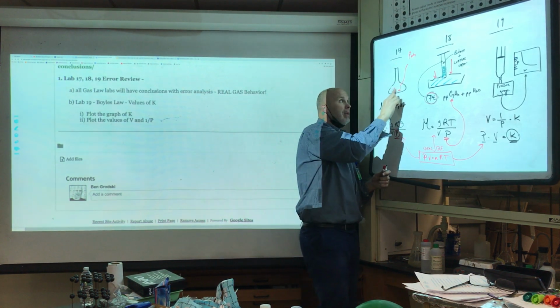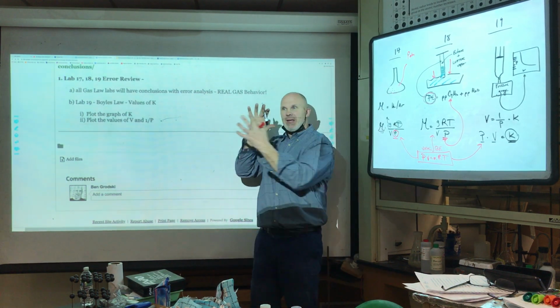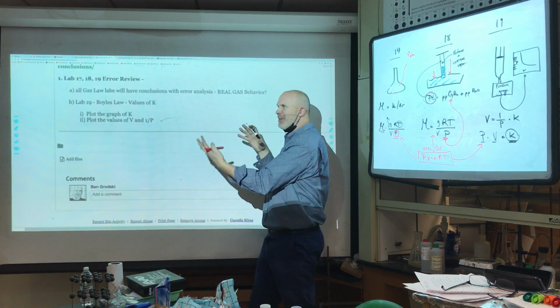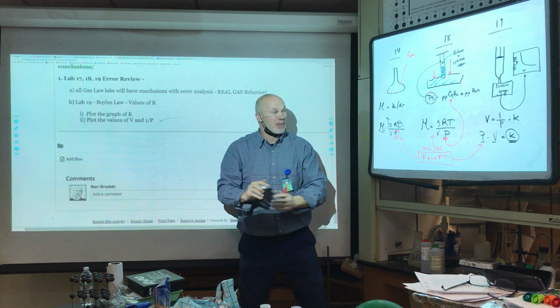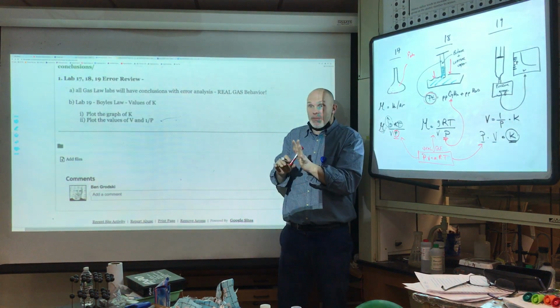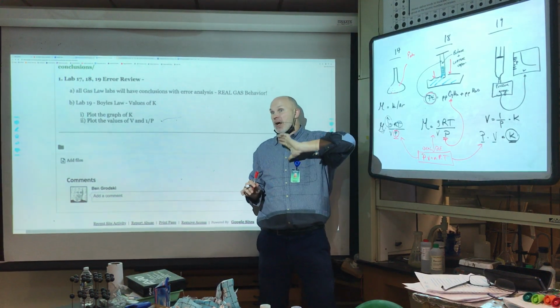And in my mind, I think of gases coalescing like those beads. They're attracting each other, so to produce the same pressure, I need a little bit more of them. So that means the grams that I measured, and the grams is what you measure. You put the flask on without the gas, and the flask on with the gas.